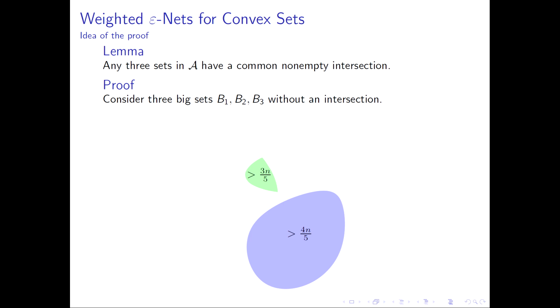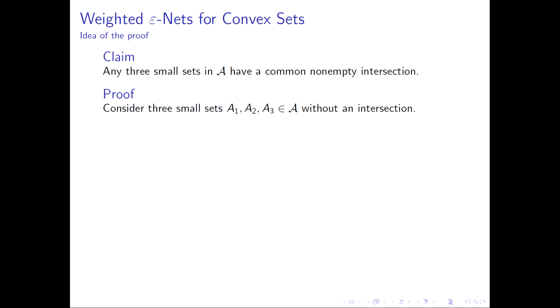The same arguments hold whenever we take 1 small set and 2 big sets, and also if we take 2 small sets and 1 big set. However, if we take 3 small sets, meaning all containing more than 3/5 of the points, then the reasons seen before do not go through. So let's consider this as a special case.